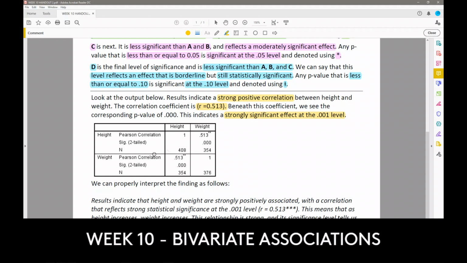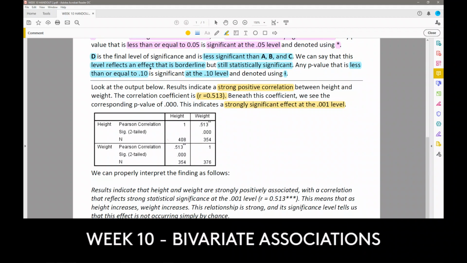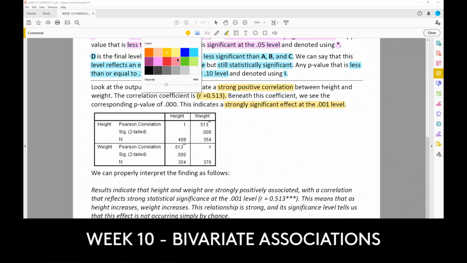Now, in your homework assignments, I'm going to ask you to properly interpret your findings, and I always stress I want it in proper statistical terms, okay? So here's an example of how you would interpret this correlation and the output, okay?